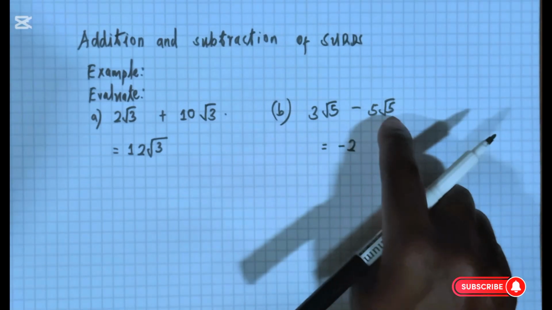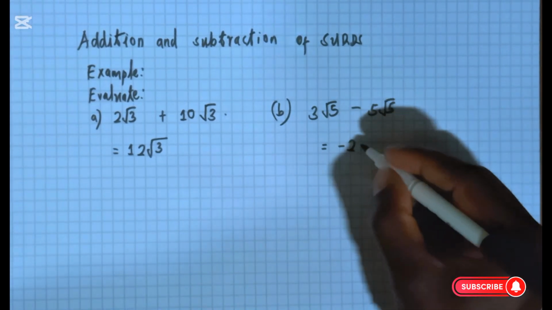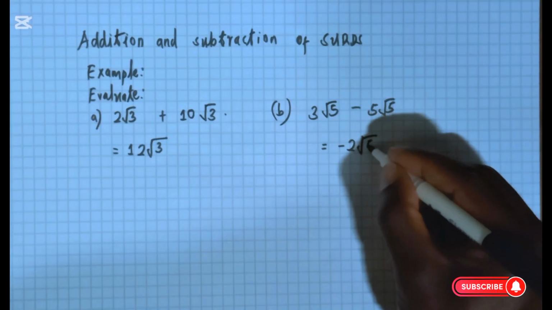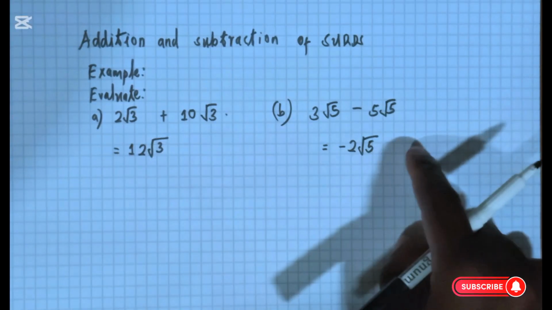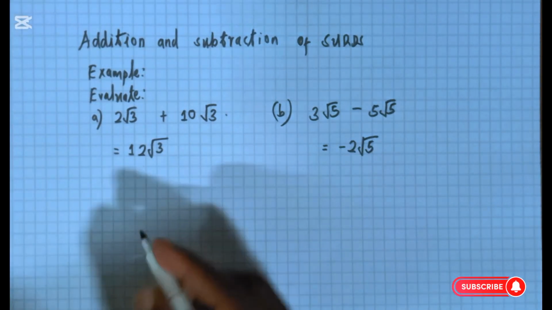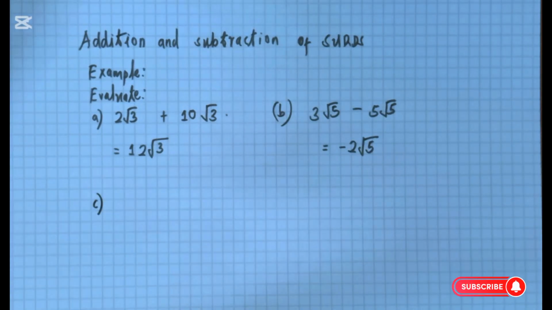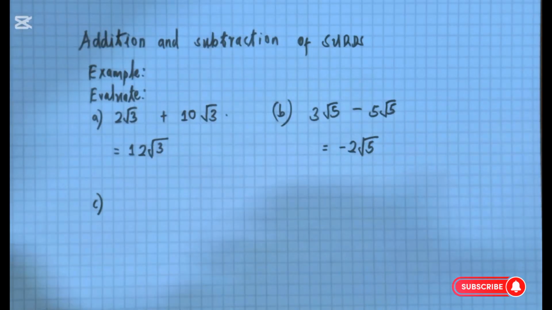And because we are dealing with like surds, we're going to have it as negative 2 root 5. So that is how we are going to subtract that. So in this particular example A, we've handled addition, and in this particular problem we've handled subtraction. So for our final example under this, okay, we are going to see a surd that has unlike surds.